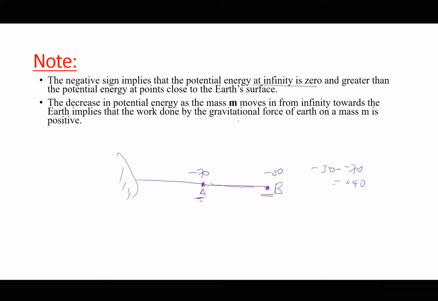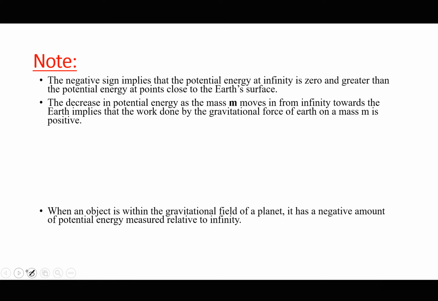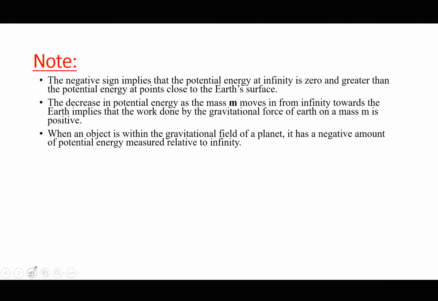Okay, so when an object is within the gravitational field of a planet, it has a negative amount of gravitational potential. It also has a negative amount of gravitational potential energy as measured relative to infinity. Infinity is now a better reference point.